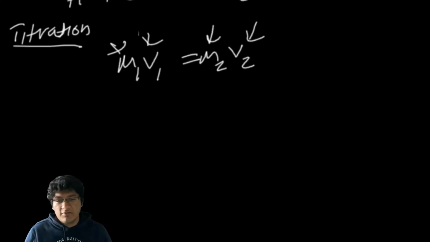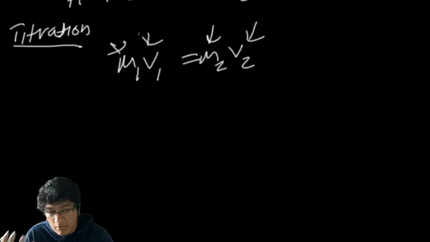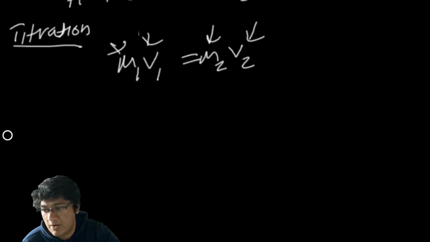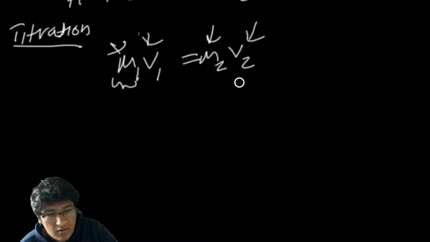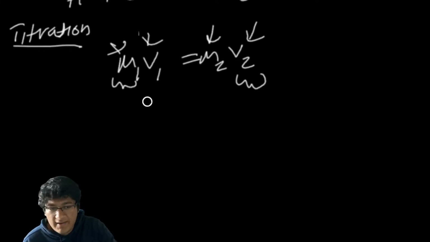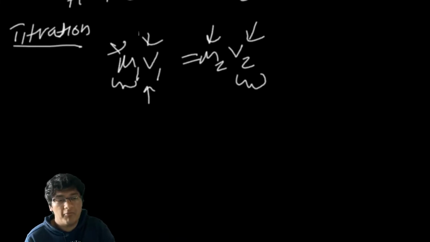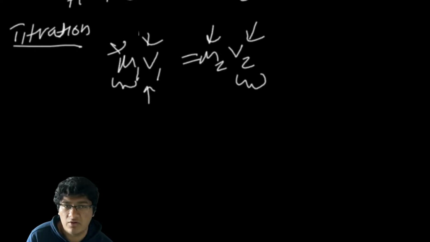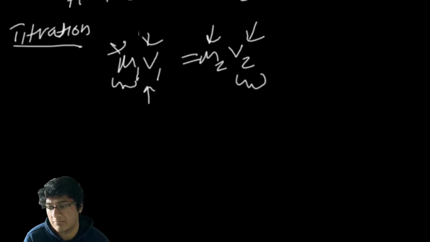But I'll just once again reintroduce the titration. We're going to slowly add the solution of a known concentration to a known volume of a different solution. So we're going to know this, and we're going to know this. We're going to slowly be adding more of this substance, starting from knowing V1, until we notice an endpoint, which is basically where the color will change.